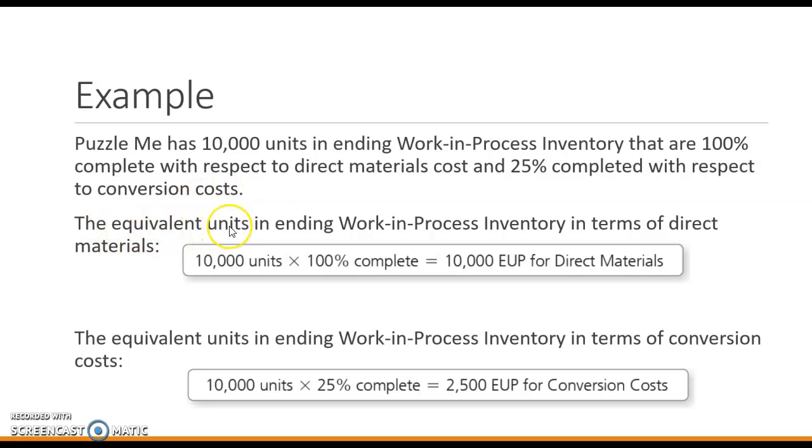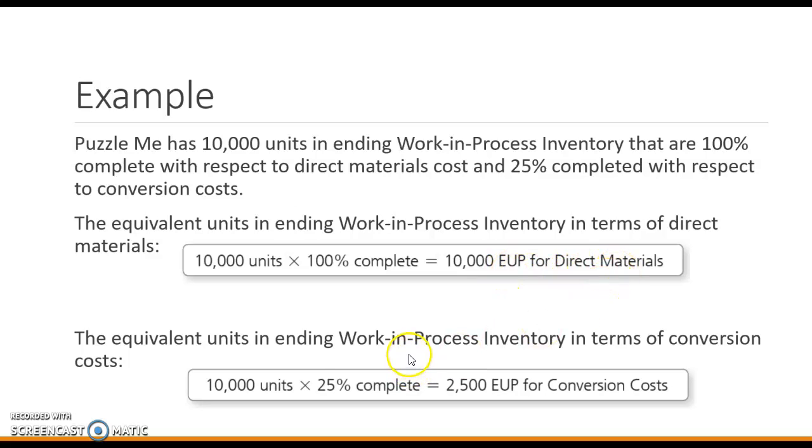So the equivalent units in the ending work in process inventory in terms of direct materials: we had 10,000 units in assembly, and they're 100% complete as far as direct materials are concerned. So 10,000 times 100% is 10,000 equivalent units for direct materials.